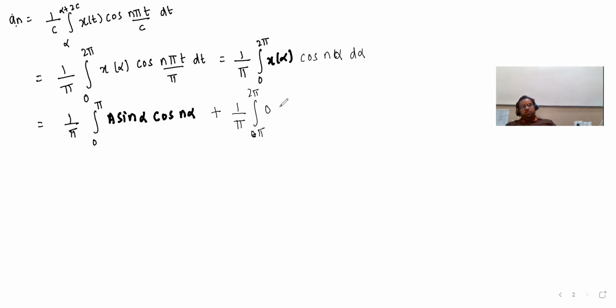Within this limit x is 0 only, so even if it is cos n alpha d alpha, this becomes equal to 0. So we have only 1 by pi a sine alpha cos n alpha.